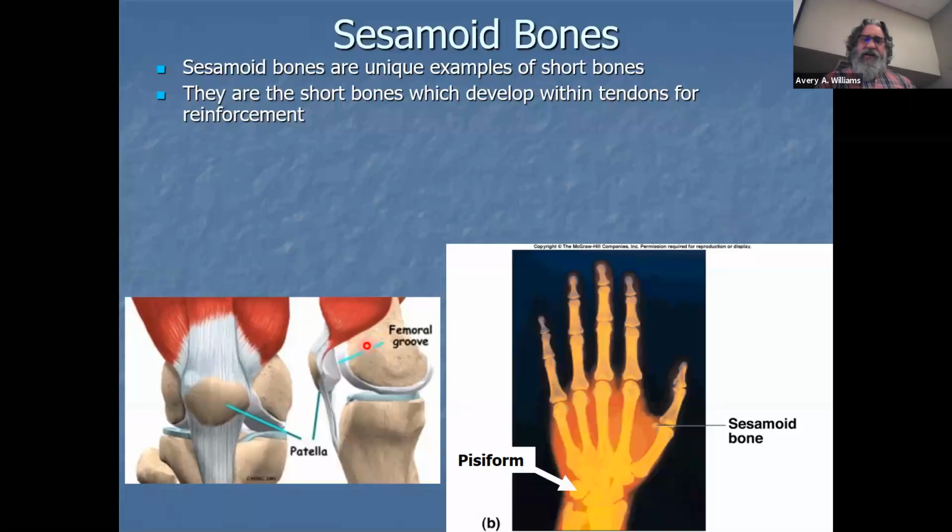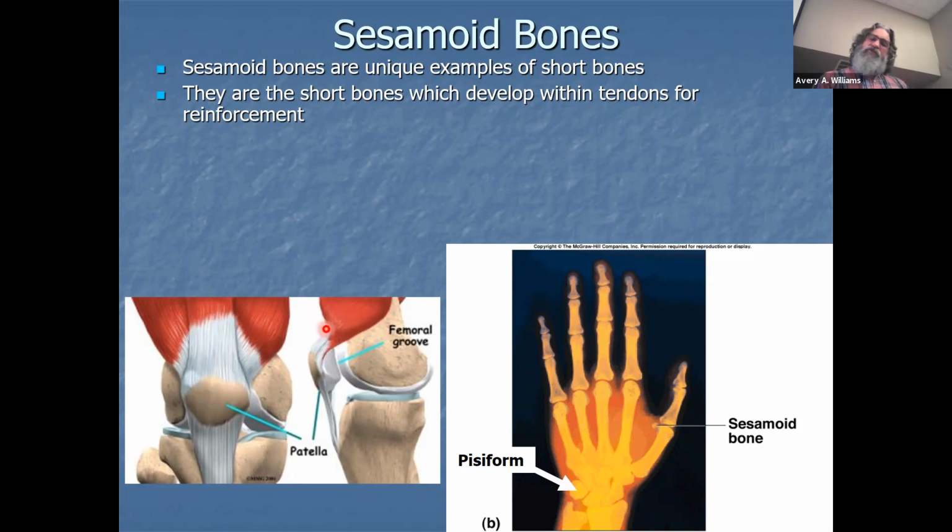And you can see right here, this is your knee, or somebody's knee anyway. These are the quadricep muscles up here. There's the kneecap right there, and you can see the quadricep tendon coming down across the knee and then inserting on the tibia down here. And so right here, all this big tendon, all tendon, and all of a sudden, bam, you have a bone in the tendon. What's up with that? That's not really part of the skeleton.